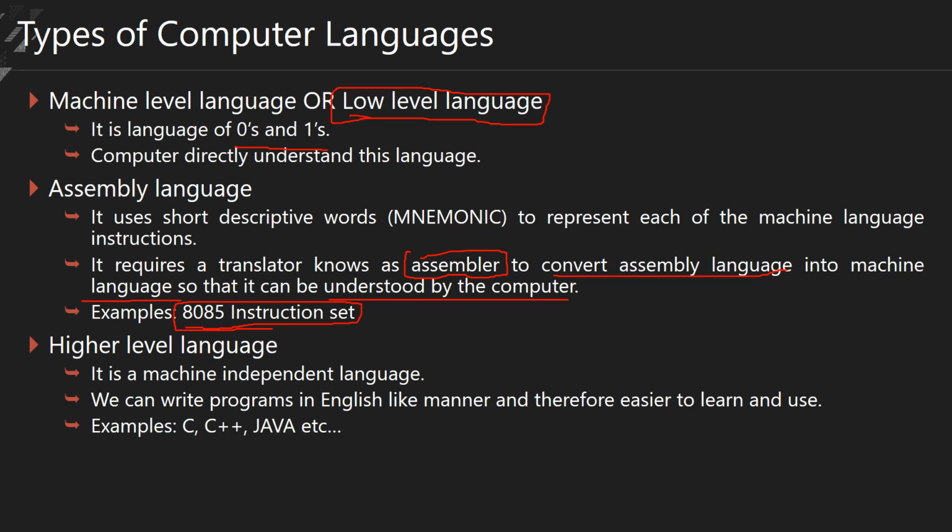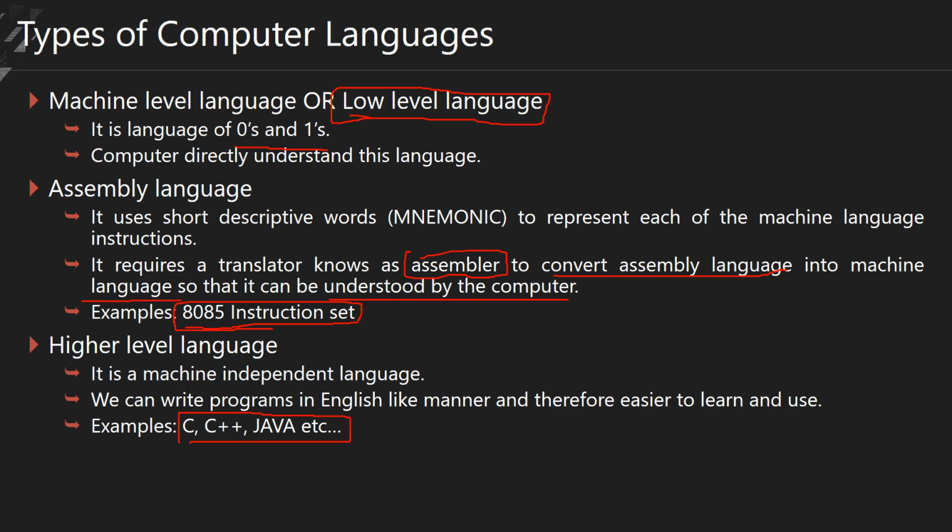The best examples are programming languages like C, C++, Java, Python and so on, right? So these all come under the types of computer languages. I'll repeat it again: machine level language, assembly level language, high level languages.